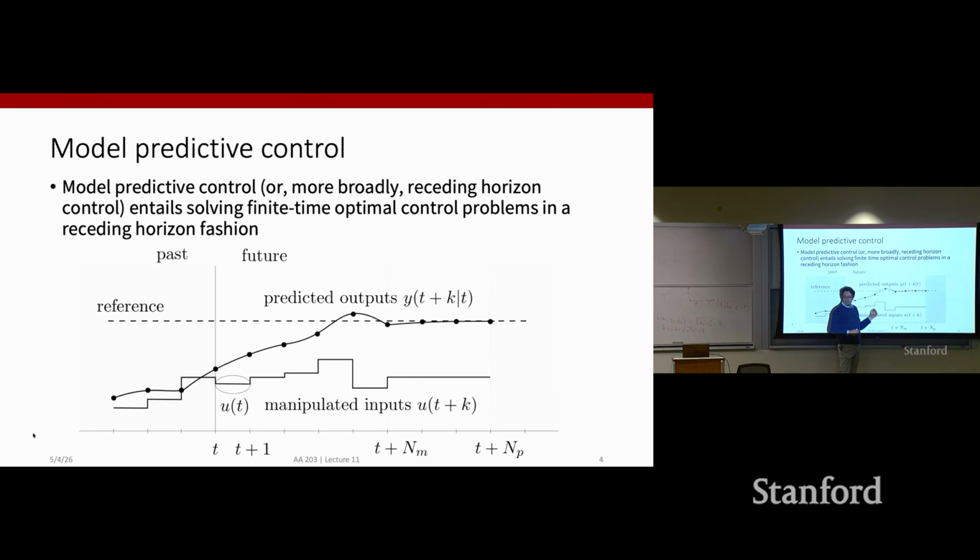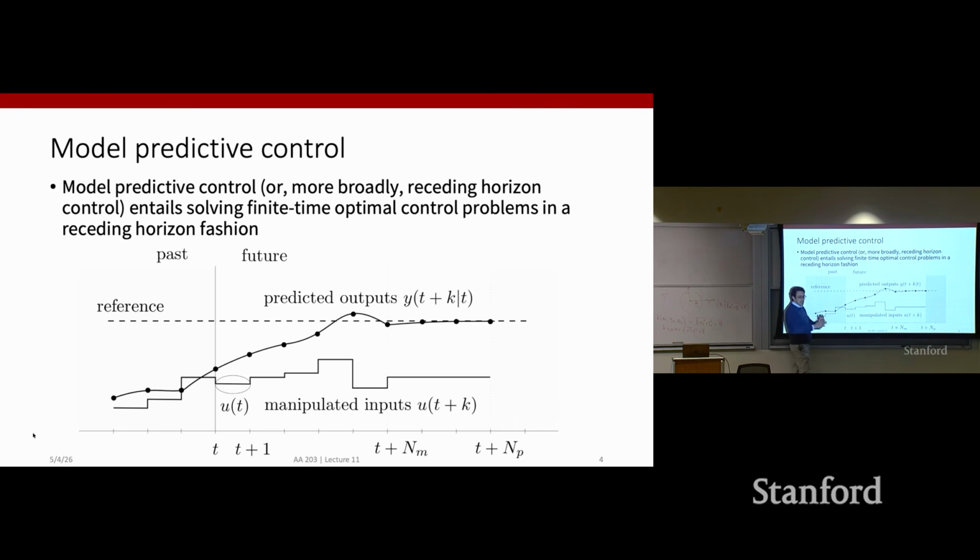So essentially it solves an open loop optimal control problem over a finite horizon between time t and time t plus Np. You find your open loop control sequence, along with a predicted sequence of states or outputs that stem from the application of your optimized control sequence to the dynamics of your system.